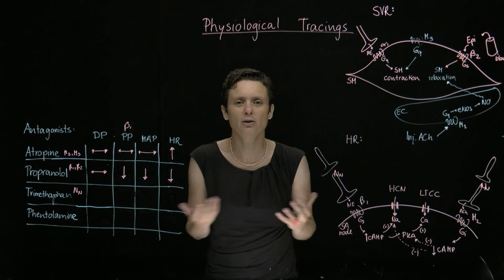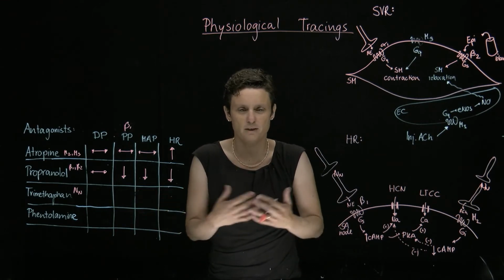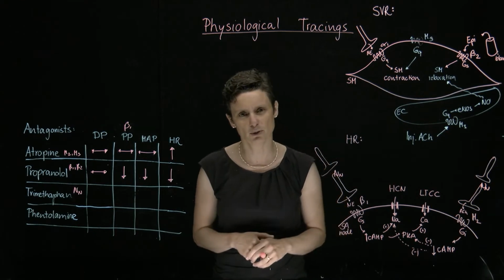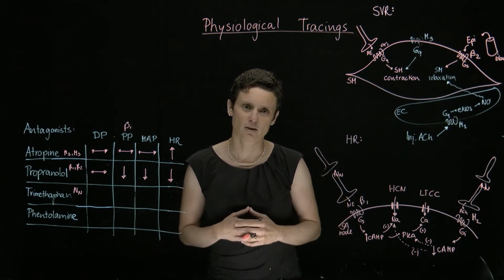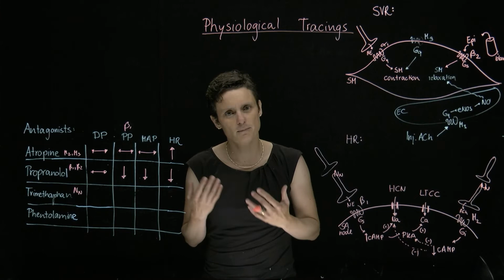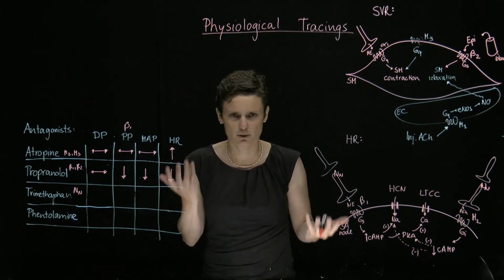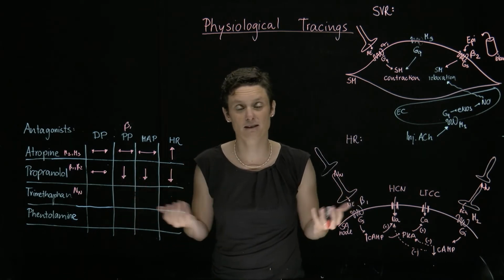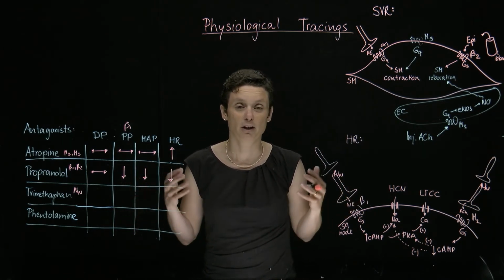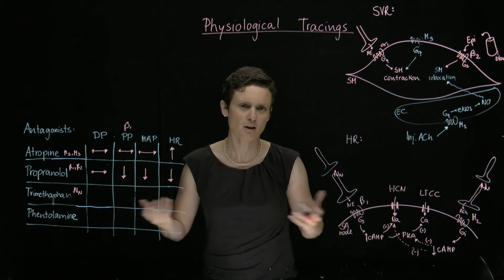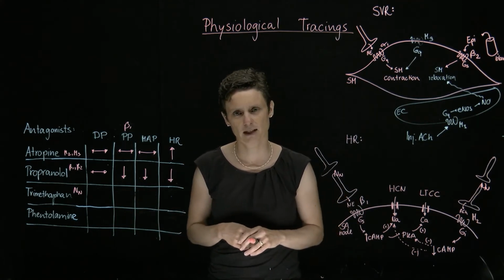So how do you know a response if you kind of block everything? Well, you have to know about the autonomic tone. So most of our effector organs are innervated by parasympathetic and sympathetic. And as in real life, if two battle for one thing, one is going to be the winner. And when you have dual innervation, the winner is always the parasympathetic. We are rest and digest creatures.